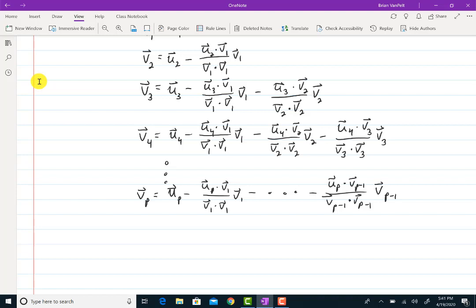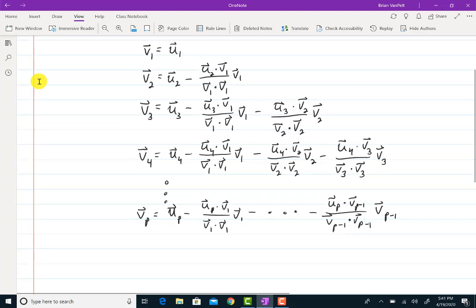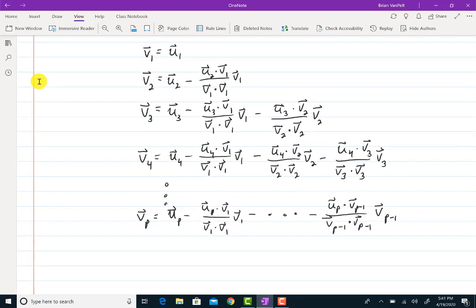Basically, as you develop the vectors, you develop the next vector based on previous vectors.